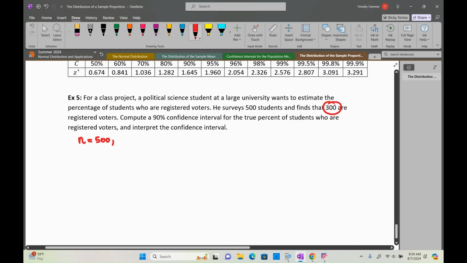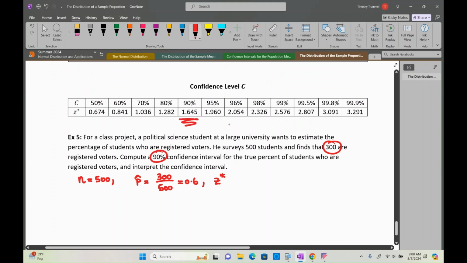We also have that 300 are registered voters out of the 500, so we can form p hat, the sample proportion. In decimal form, that's 0.6. And lastly, the only other thing we need is z star. We have 90% confidence here, so if we come up to our table, we see that z star should be 1.645.